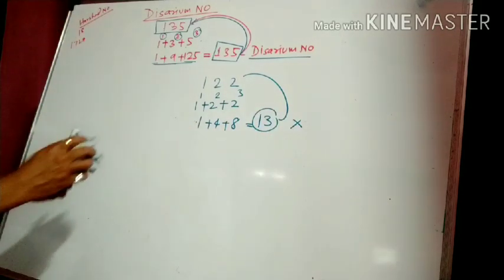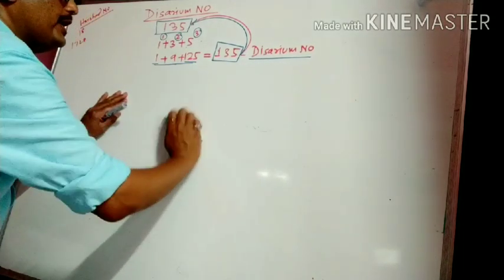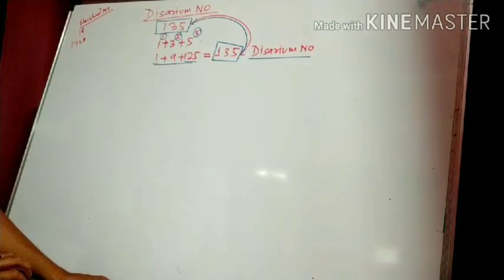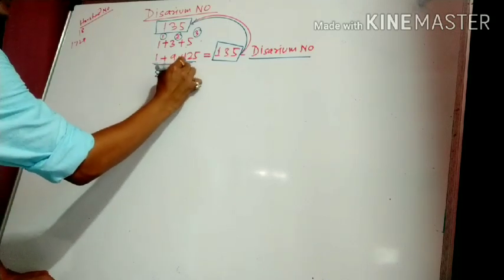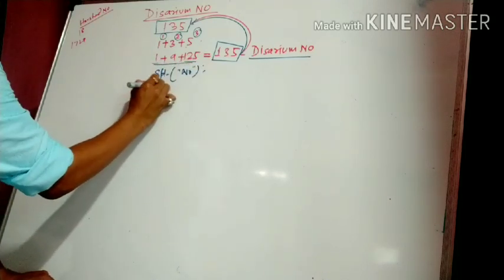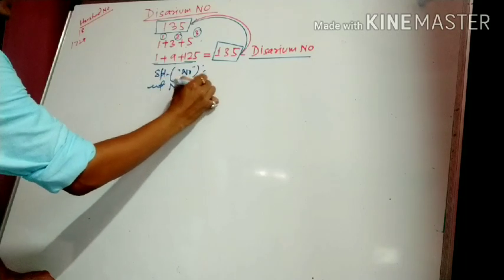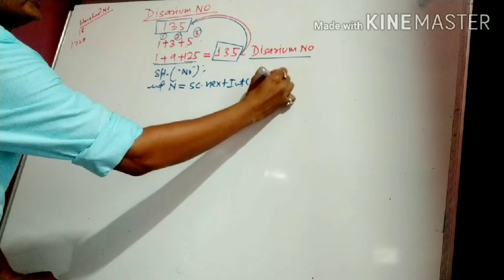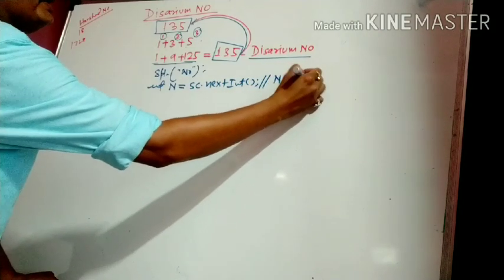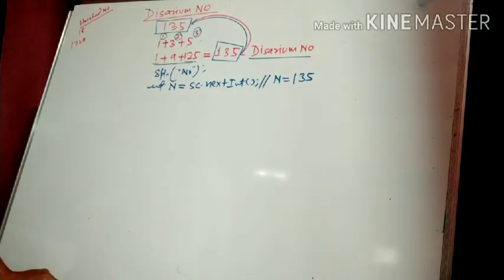That means after inputting the number, we have to find the total number of digits first. So this is the number: integer n equal to sc.nextInt(). Suppose the value of n is 135. Find the total number of digits.